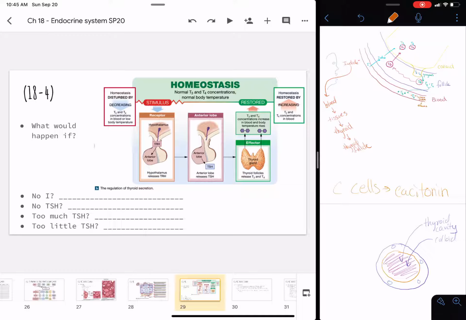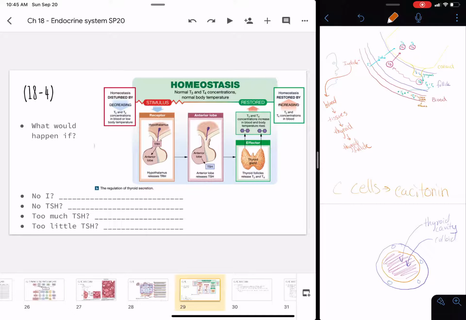So on the left-hand side, we have homeostasis disturbed by not having enough T3 or T4. And so then the hypothalamus registers that, releases TRH, the anterior pituitary then releases TSH, and then that goes to the thyroid gland, and then the thyroid gland tells the thyroid follicles to make T3 and T4, and then we restore that homeostasis by increasing the levels of T3 and T4.